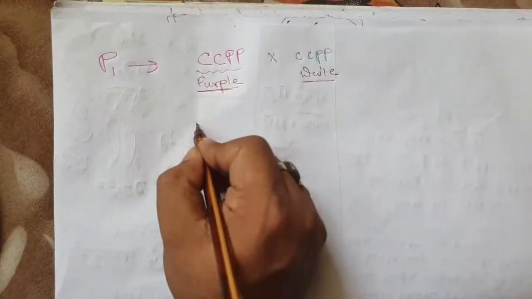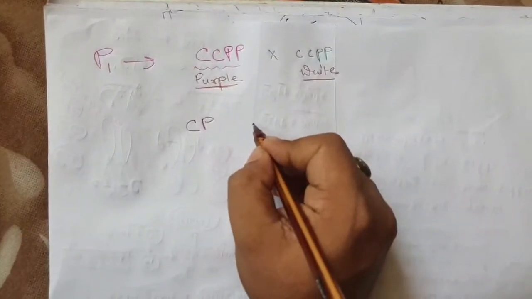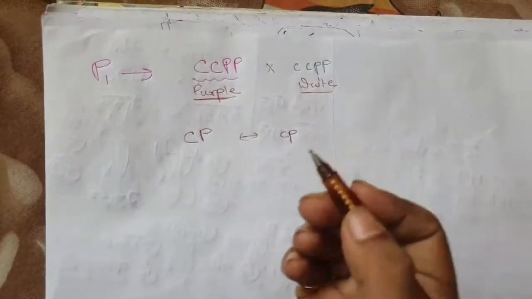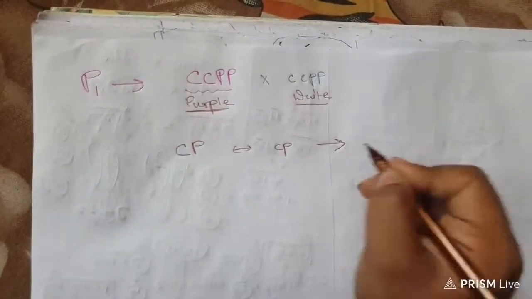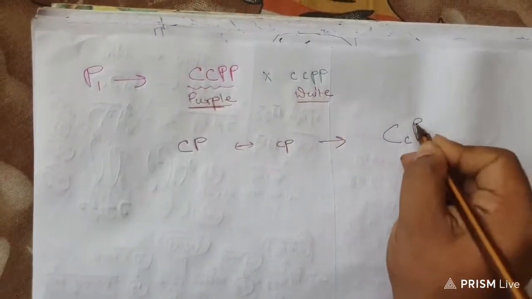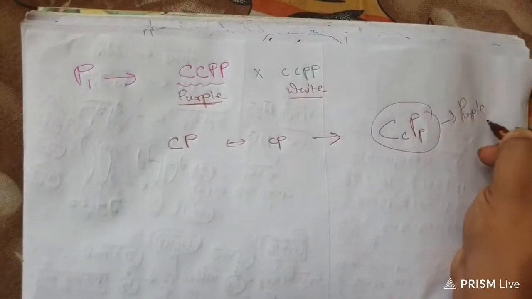This will produce its gametes, and its gametes will always be CP, combined with the gametes small c small p. So in each case you will get an F1 generation of CcPp, which will give rise to purple coloration. I hope that you understand this.